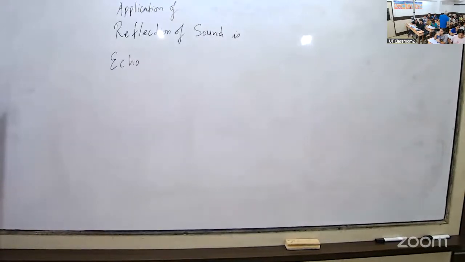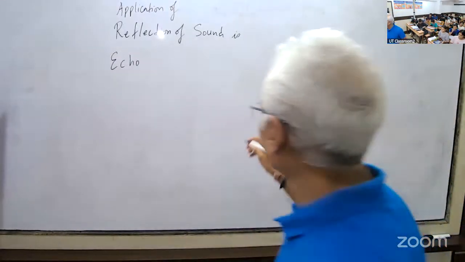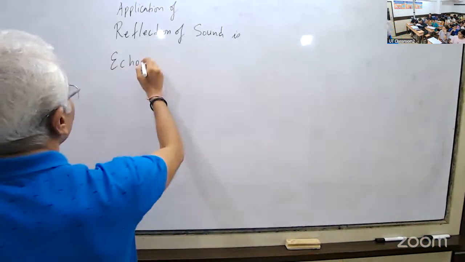Applications of maximum vowels. Reflection of sound. So, what is the condition for echo? Did we discuss? We discussed. What are the conditions for echo? Minimum distance of the obstacle should be 17 meters.